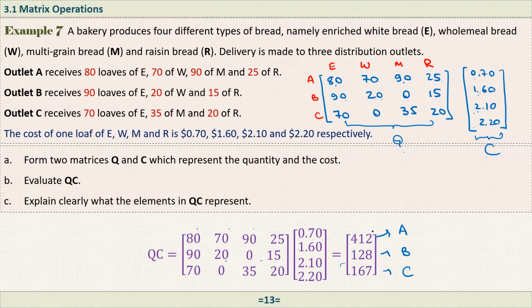So you have to collect this amount from outlet A, this amount from outlet B, and this amount from outlet C. That's one simple application of matrices and how we use multiplication in business.